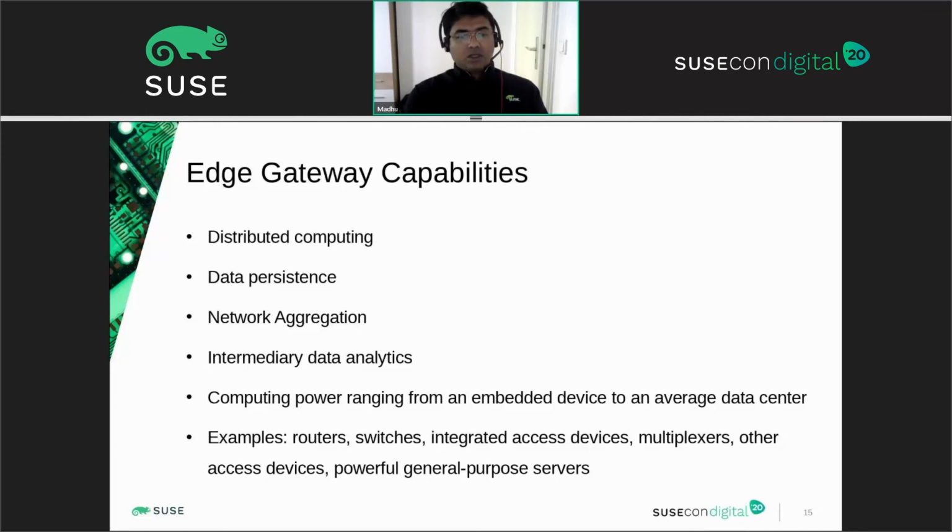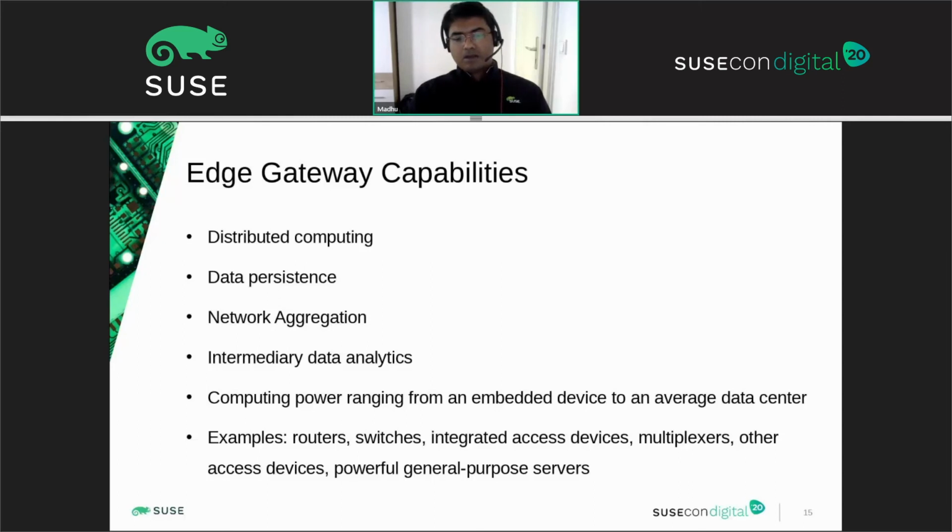Data persistence: it should provide a temporary and permanent data store for backup at the edge devices. These devices were not designed for data storage. They were basically things like routers and switches, basically traffic managers and small servers, which need not be designed for massive data storage. So that's something which we need to consider.